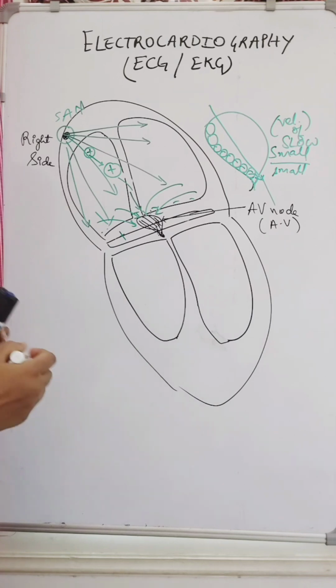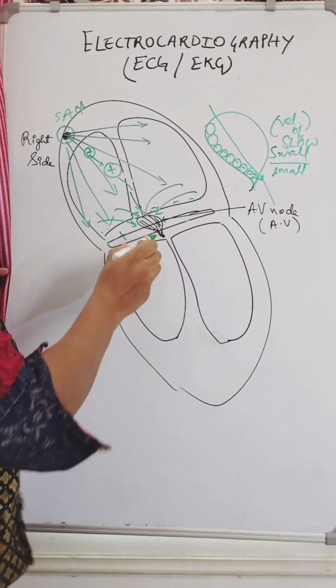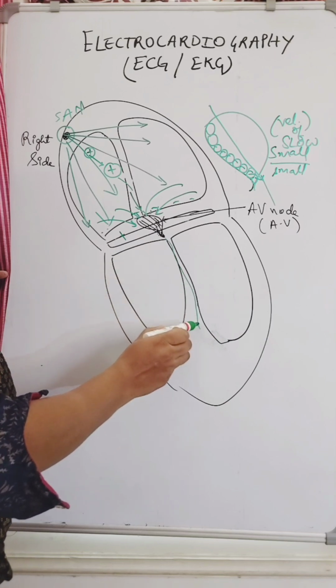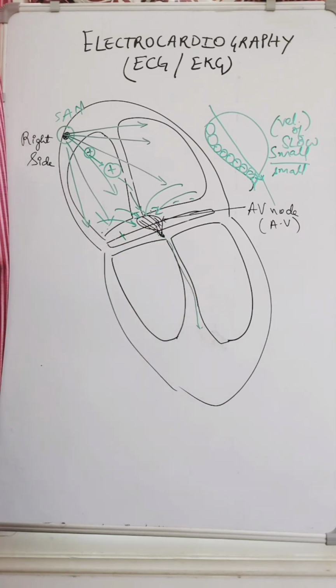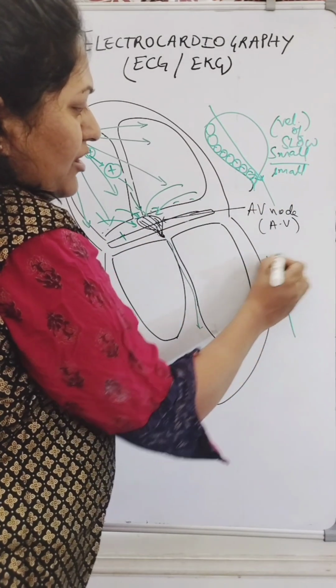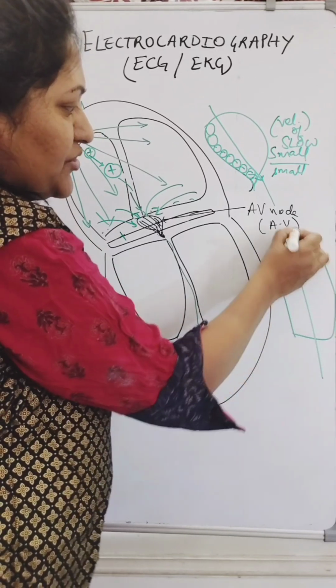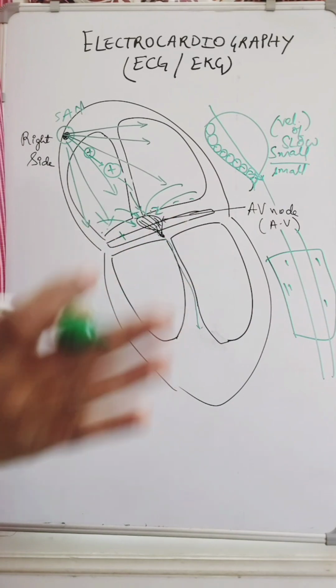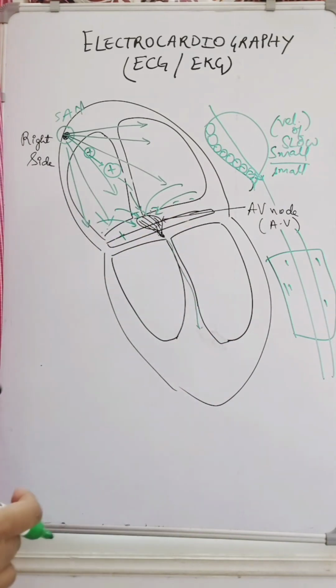But when you compare the electric impulses which are passed from the AV node to the bundle of His, it is very fast. Why is it very fast? Because the bundle of His has some gap junctions here and there, between two adjacent cells.